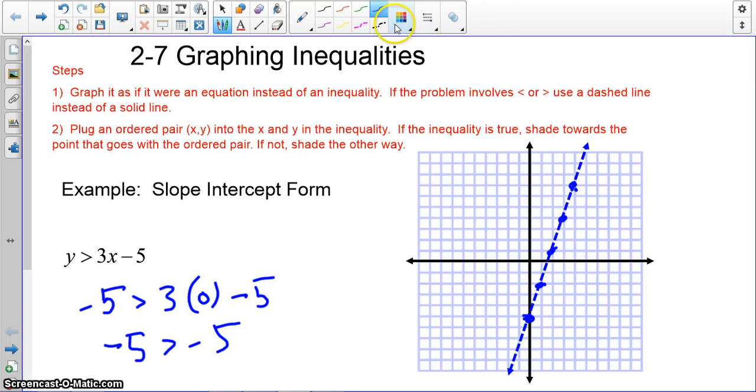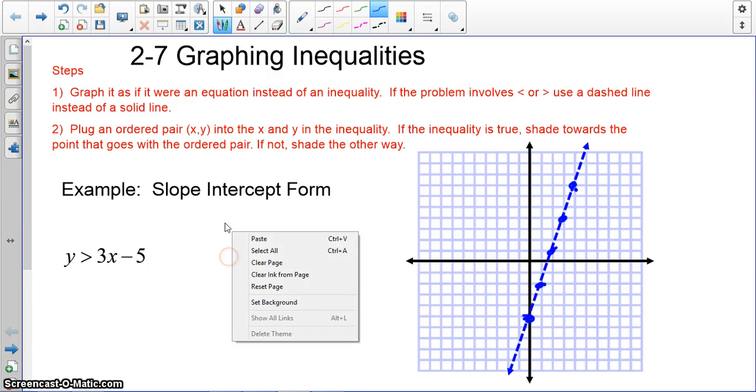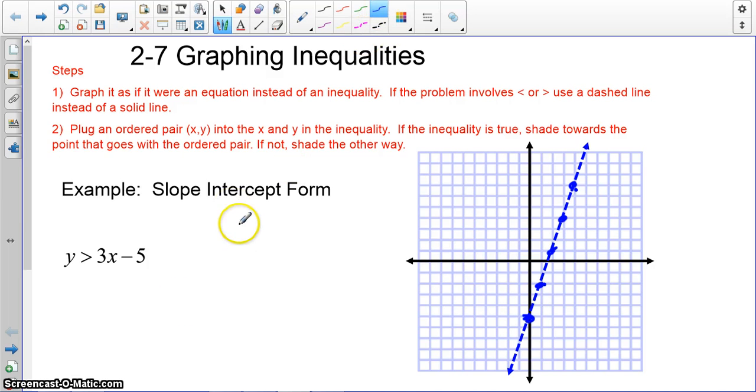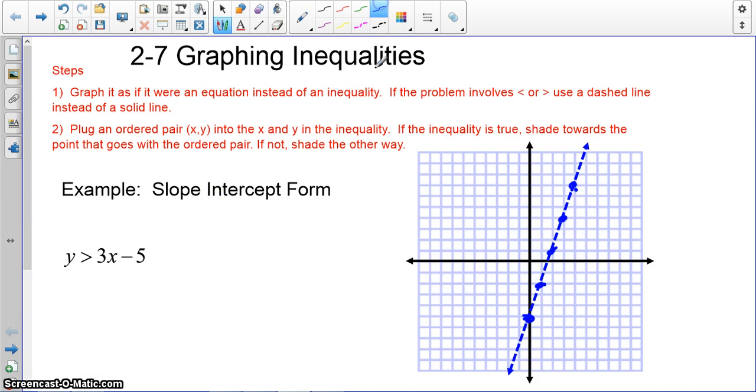So then what you have to do in step 2 is determine which way to go, since this is the boundary to the region you're going to graph. In step 2, you plug in an ordered pair to see which side of this boundary you're actually going to shade in. You don't have to do it this way, but the easiest x, y combo is usually 0, 0.